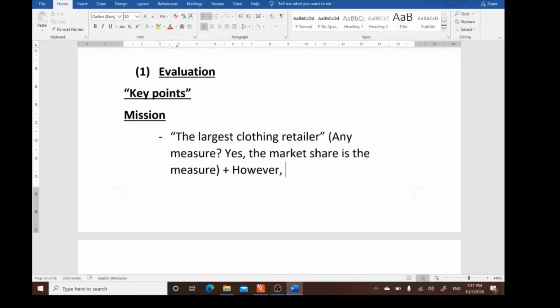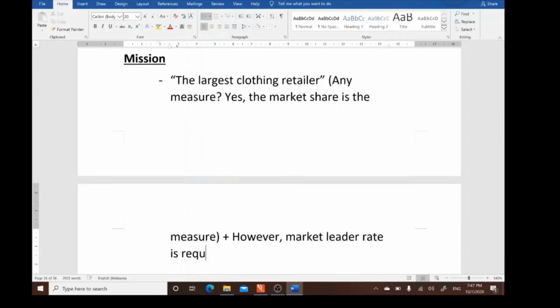So we say, however, the market leader rate is required for you to assess whether you appear to be number one. Can you see that? By stating this, you get 1 mark, for example, in terms of the measure. And number 2, by quoting that the market leader rate is required for the industry, you will get another 1 mark. All these are important when we are looking at the very first point.